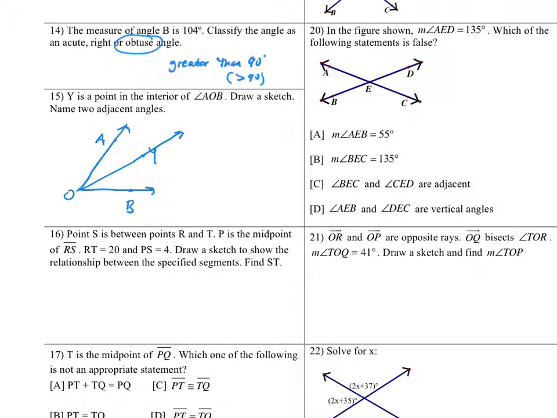And then we can name these two angles because they are adjacent to each other since they share a vertex and they have this side in common. So our two adjacent angles that are formed are angles AOY and angle YOB. And you can also call it BOY.